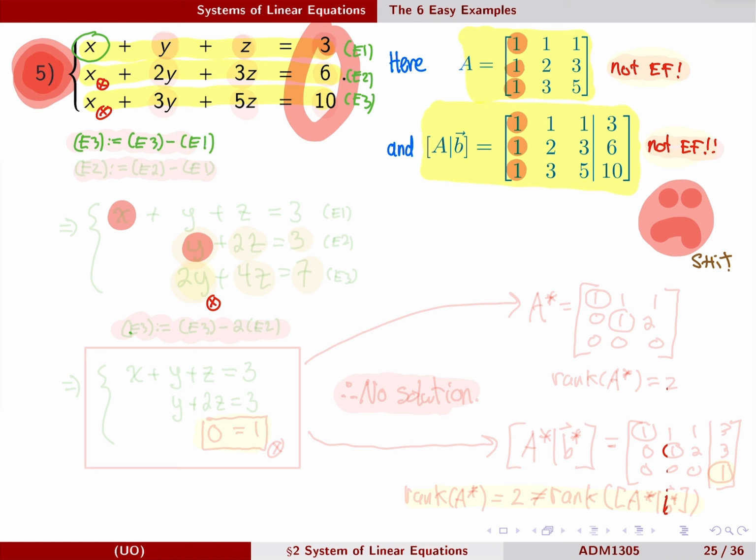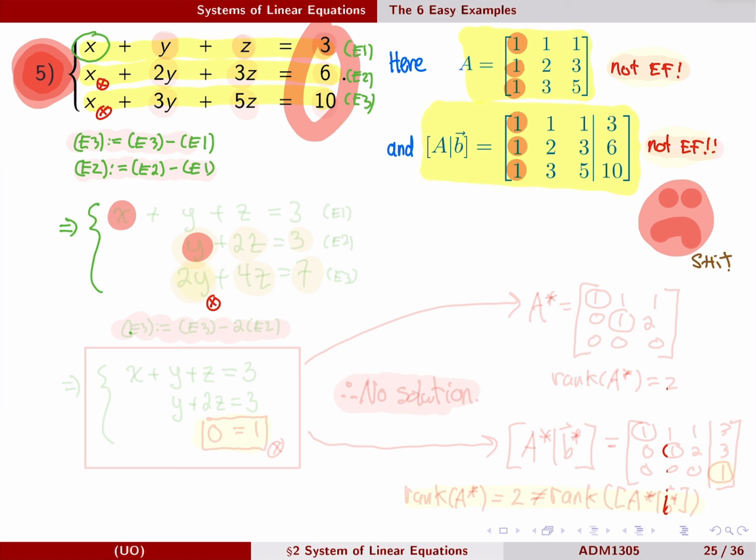That will get rid of that x in that equation. And you can do the exact same thing for equation 2. You can say equation 2, I don't want an x in that equation, so I'm going to say equation 2 minus equation 1. And here, notice that I'm using equation 1 again instead of equation 3 because equation 3 is changing.